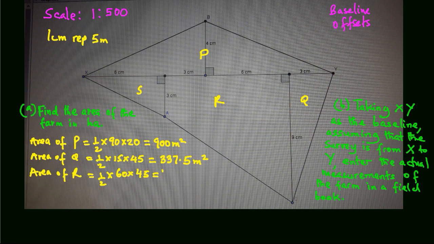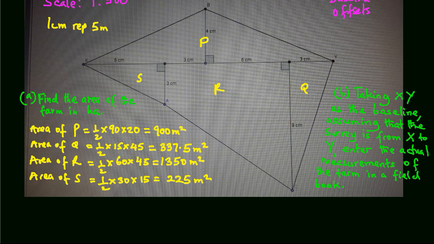So this gives 1350 square meters. And finally, area of S, which is a triangle, a half, its base is 30 meters, 5 times 6, then times height 15. This is 225 square meters.